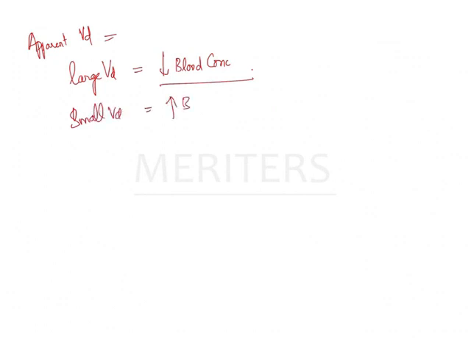Medications which have a very large volume of distribution have a lower blood concentration, because the drug is concentrated in all the tissue spaces and other spaces, so your blood concentration will be low. And medications with a smaller volume of distribution will have higher blood concentration. This you have to know.